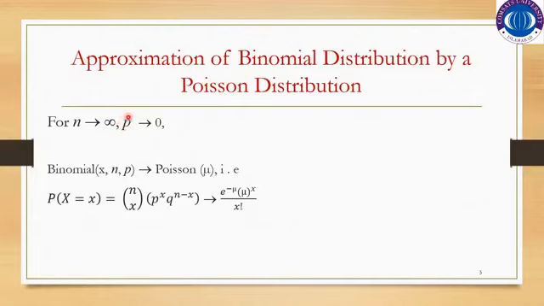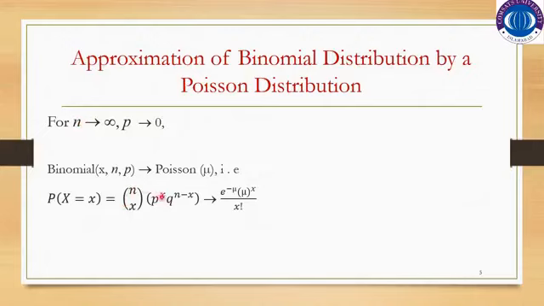The binomial distribution has four properties. The first property is that there are two possible outcomes, which we usually categorize as success and failure, and success is denoted by p. The number of trials is fixed, which we denote by n. All successive trials are independent, and the probability of success remains constant from trial to trial.